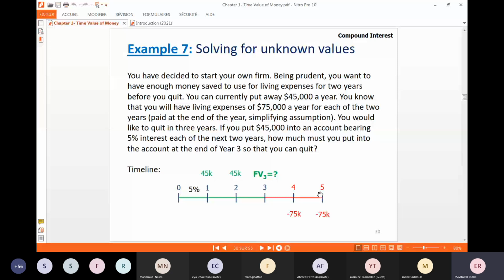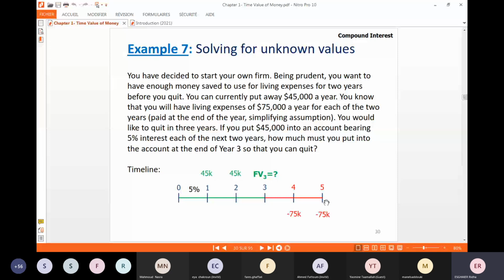So we compute the present value of 45 that we will save at the date 1, the present value of the 45 that we will save at the date 2, the present value of what we will save at the date 3, and the present value of what we will pay at the date 4 and at the date 5.